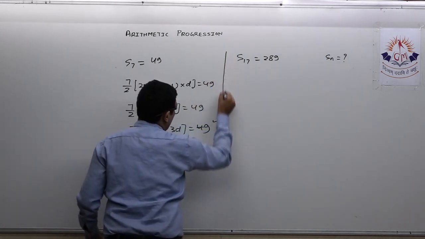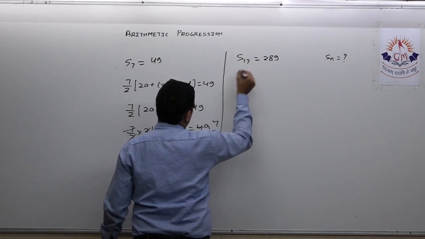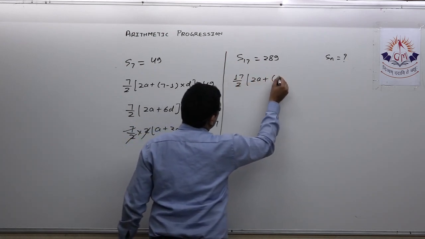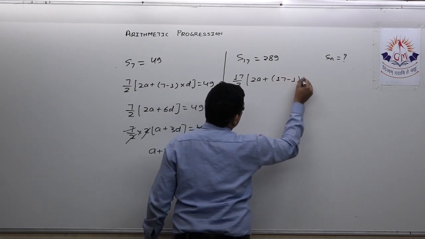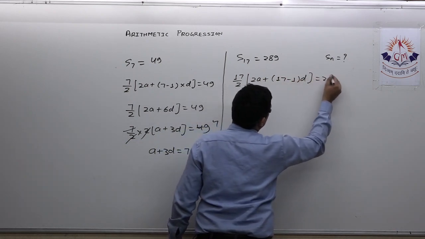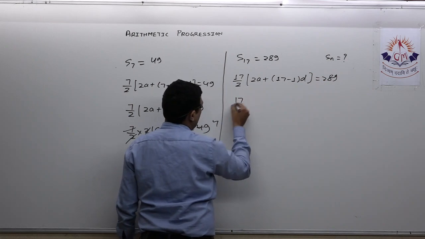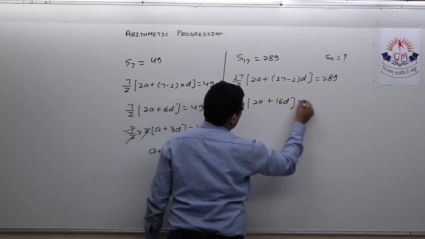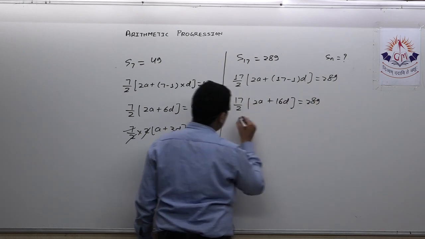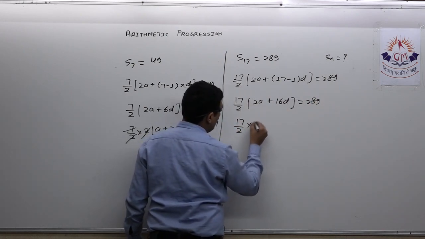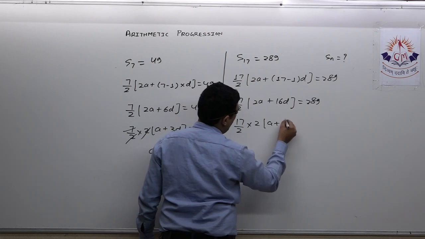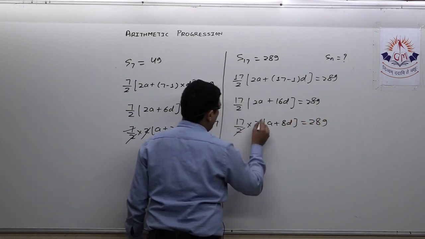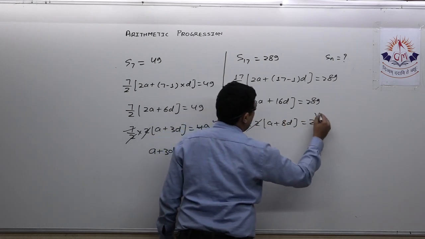Now for S17, 17 by 2 (2a plus (17 minus 1) into d) is equal to 289. So 17 by 2 (2a plus 16d) is equal to 289. 2 is taken common, (a plus 8d), so 2 and 2 cancel, 17 and 17 cancel.